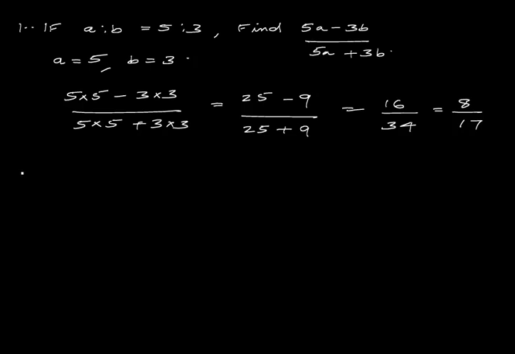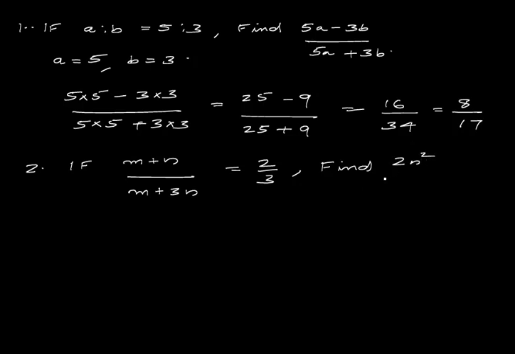Consider another question. If m plus n divided by m plus 3n is equal to 2 by 3, then find 2n square divided by 3m square plus mn. Let us cross multiply these terms.